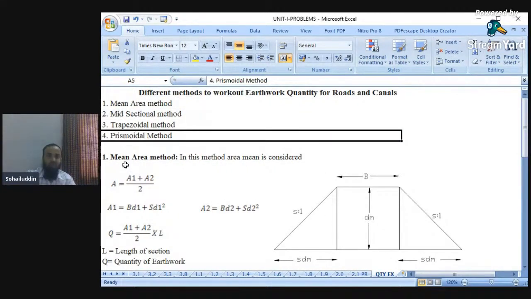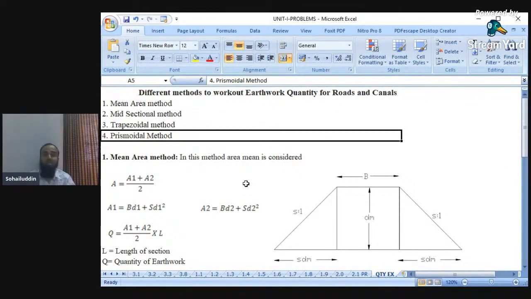The first is the mean area method. Mean area is nothing but the addition of two areas, A1 plus A2, divided by 2. So if there are two areas we are covering, it is just the mean area of these, that is (A1 plus A2) divided by 2. But here, how to find the area is most important.